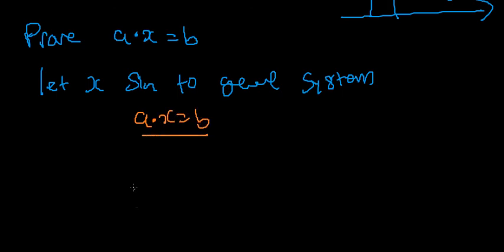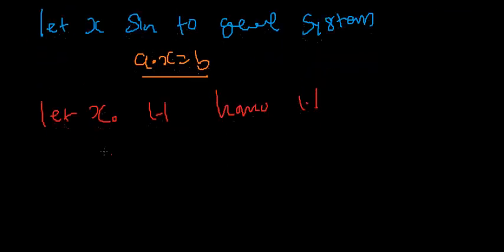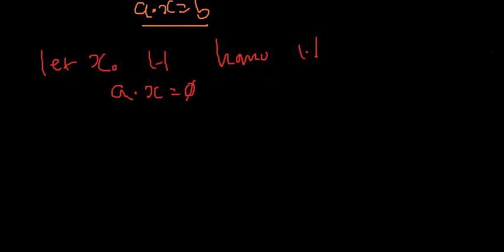And now we're going to let x naught be the solution to a homogeneous system. And that's defined by A dot product x equals 0. And then we're going to take x naught plus x and see what happens.